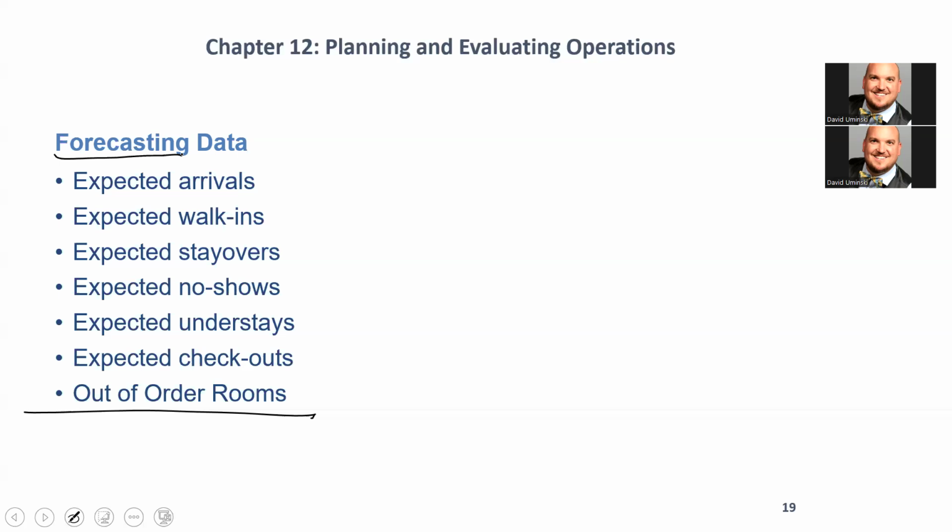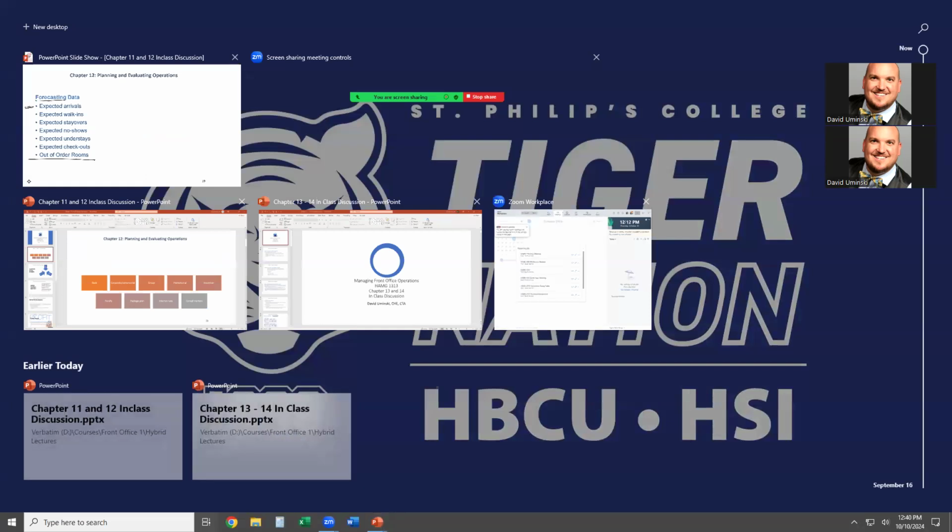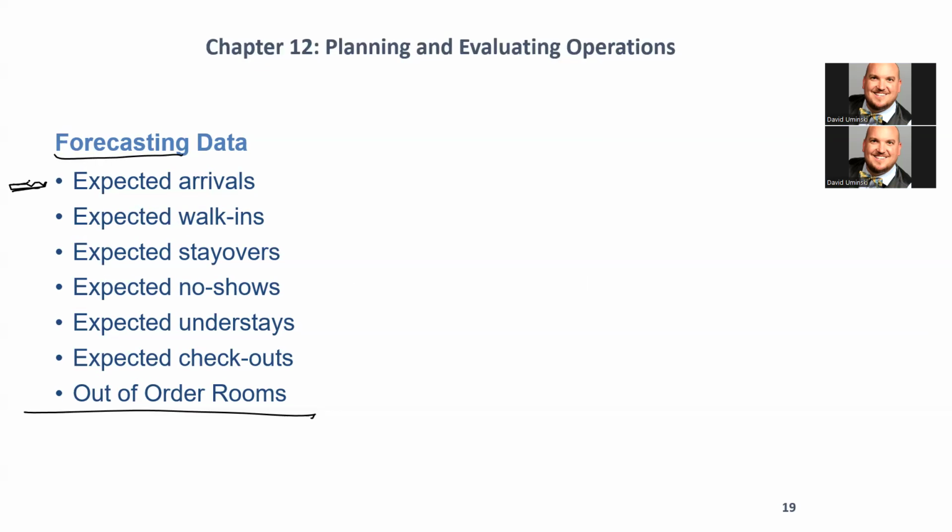And so when we think about these different areas, we want to think about what does this do to our inventory. So if I have an arrival, does that take rooms out of, or add rooms into my inventory? It takes rooms out, right? So if someone's arriving at my hotel, I'm going to subtract that. We'll do an example together here in just a second. Walk-ins, if someone walks in, it takes out of my inventory, so I'm going to subtract.